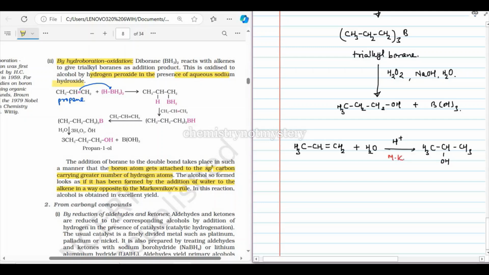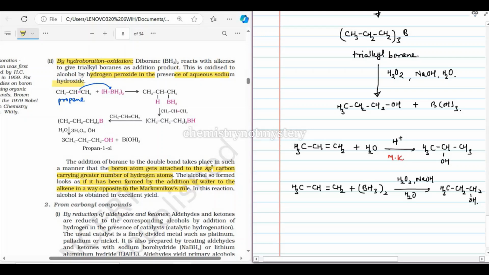But when you see the product of hydroboration oxidation, when CH3 single bond CH double bond CH2 undergoes hydroboration oxidation, means when it reacts with BH3 whole twice in presence of H2O2 and NaOH and water, you will get CH3 CH2 CH2OH.